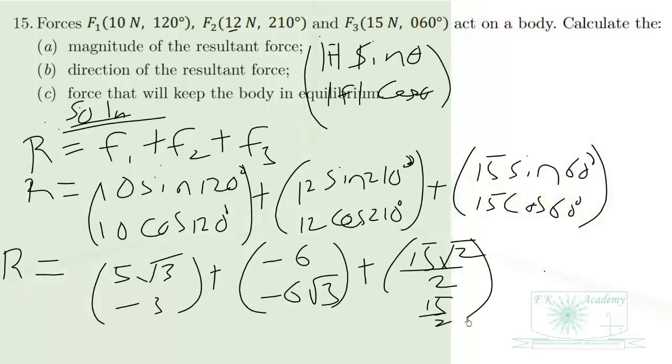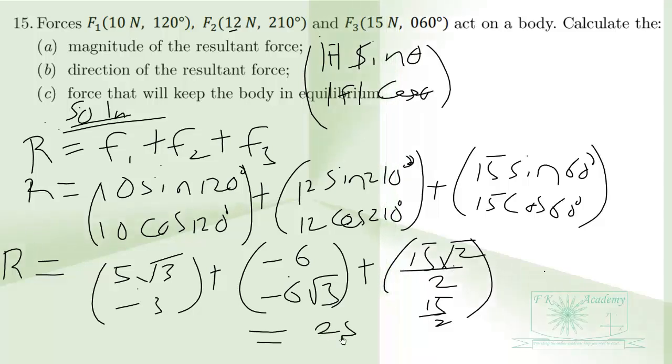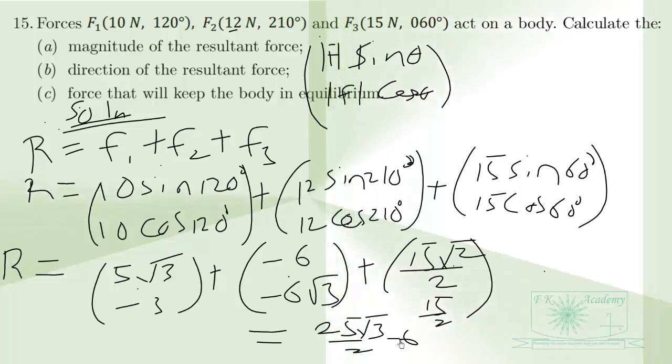When we add all of these, we get 25 root 3 over 2 minus 6, then 5 over 2 minus 6 root 3.